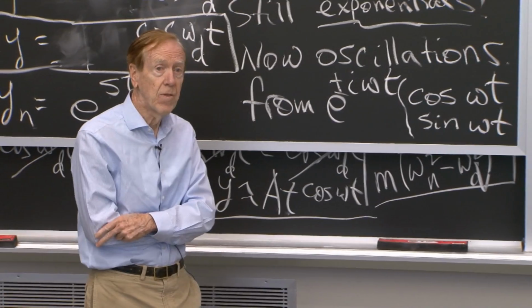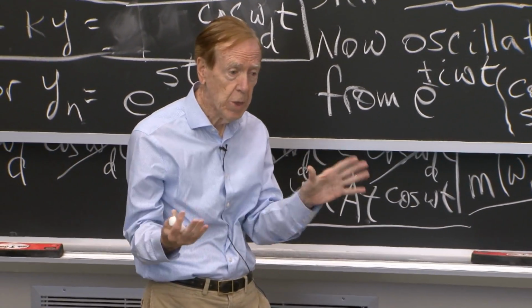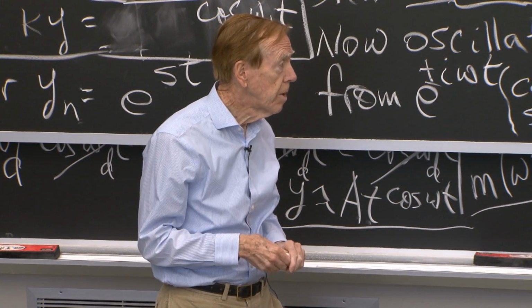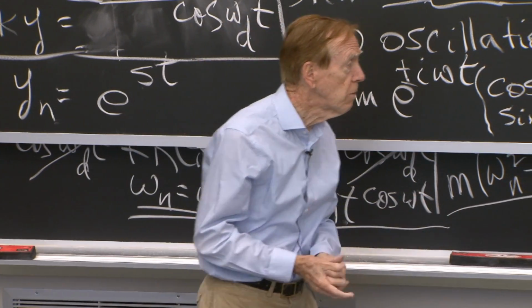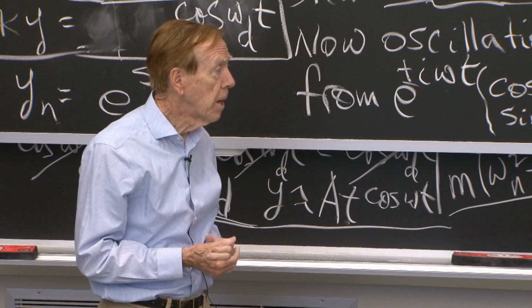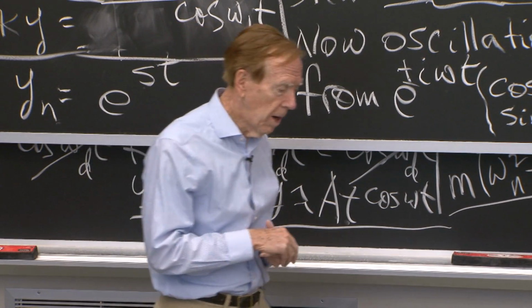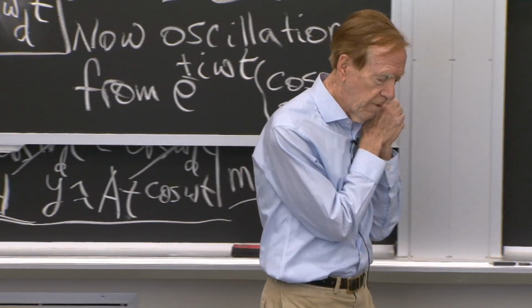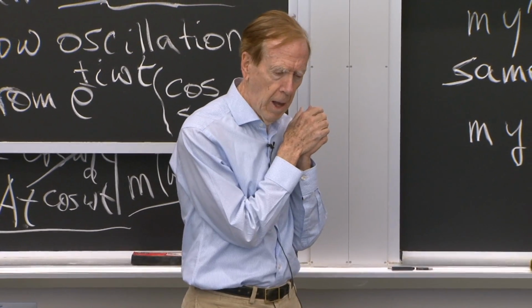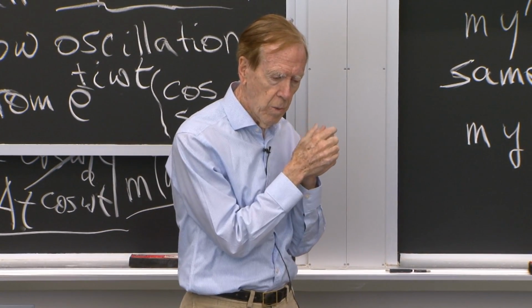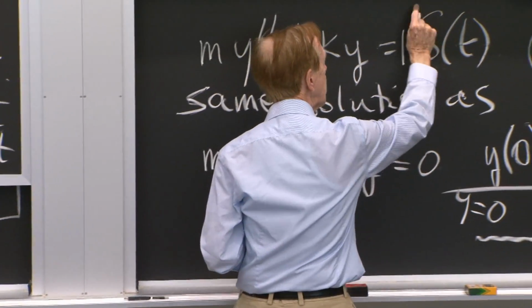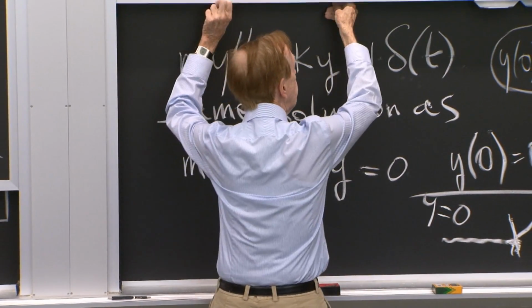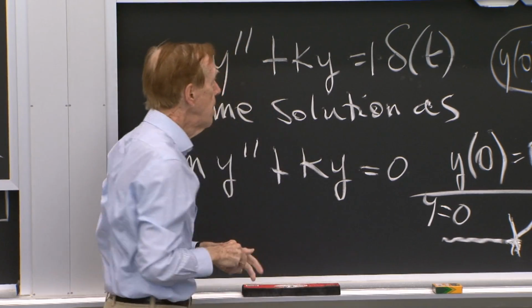Why do I like it physically? Because it's a very physical thing to have an impulse. That happens in real time, in real things. And by the way, before I write down any more formula, I would like to be able to solve it for a step function, the Heaviside.